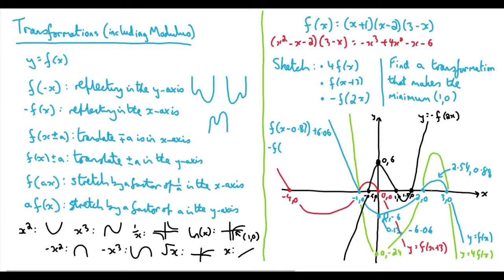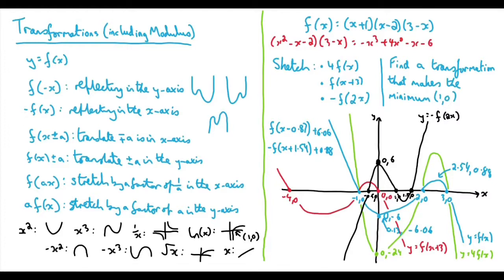If we're now wanting to move this to the left to turn the 2.54 into 1, we are now going to have x add. What do we want to do to turn it into 1? We'll just add the 1.54. And then again, because this is now a minus 0.88 because it's a negative, we'll have to add 0.88 here. That too would actually make a minimum at coordinates of (1, 0).